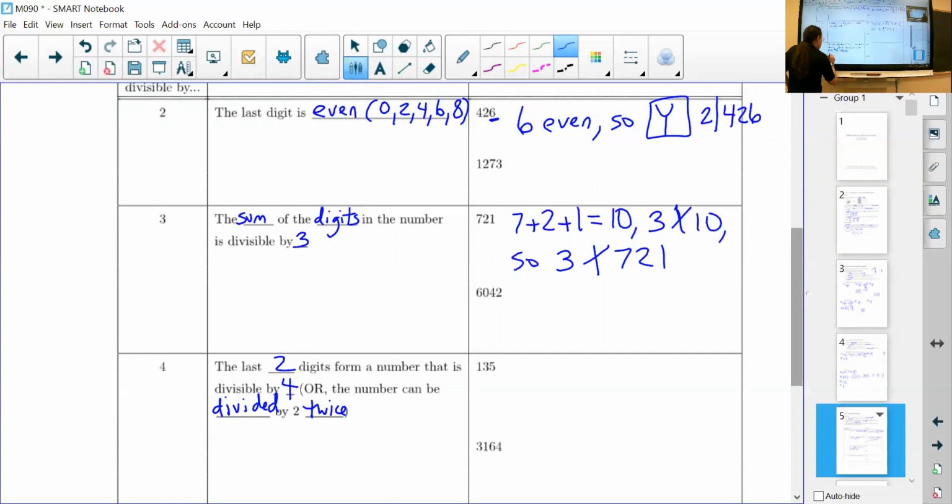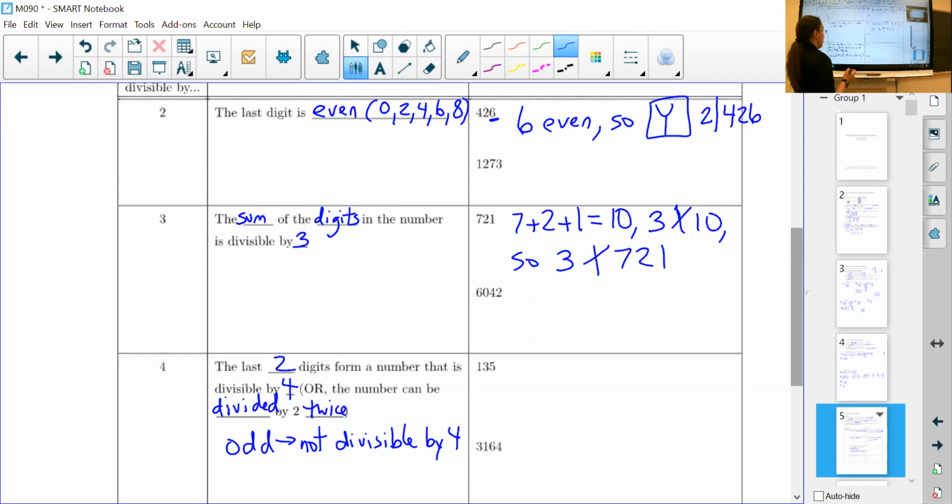And let's just notice that if it's odd, it's definitely not divisible by 4. Probably shouldn't abbreviate like that, that's how I tend to write my notes, my not symbols. Okay, so an odd number is definitely not divisible by 4.